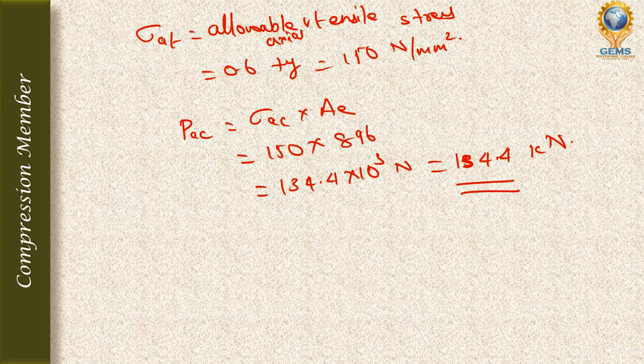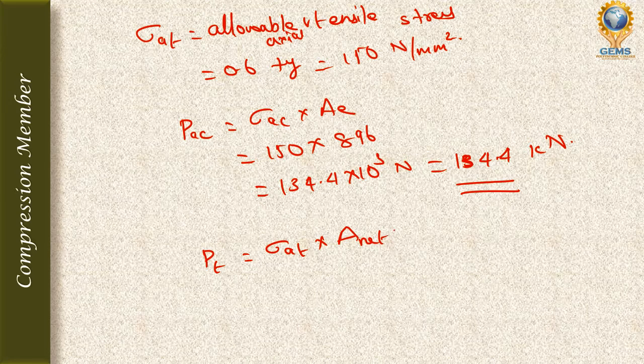But our problem is not stopped here. We have to find the load carrying capacity of a strut in tension, that is PT, using sigma AT. In tension, we won't use the effective area; we will use the net area.